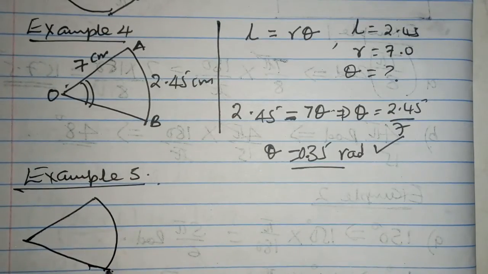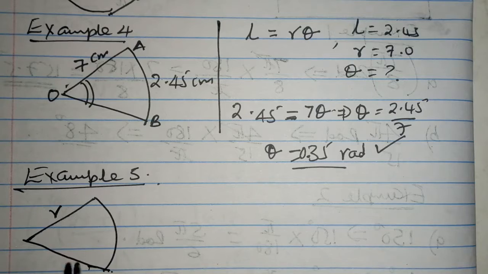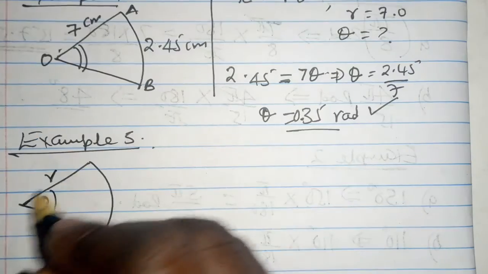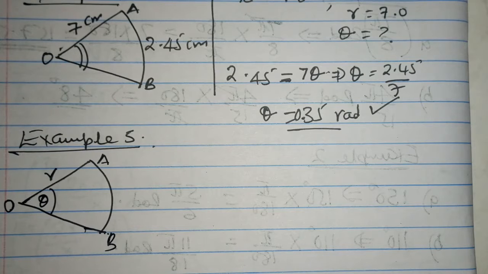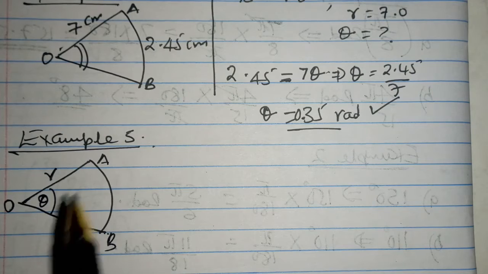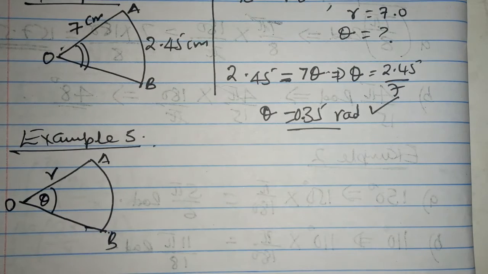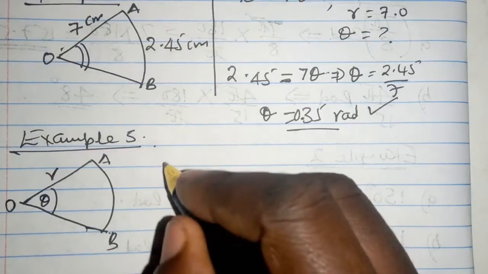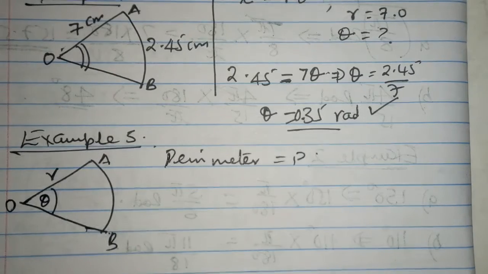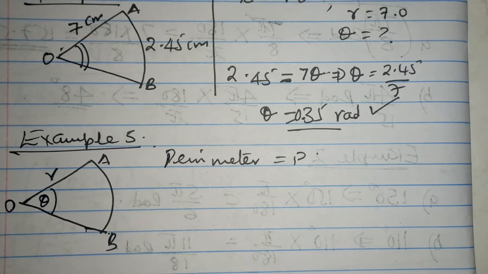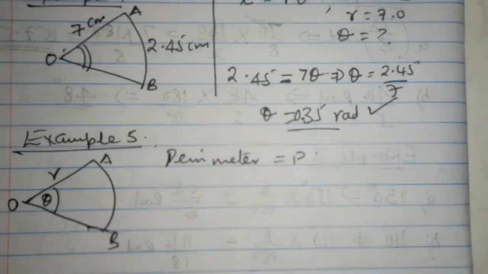The radius is not given, it's just R. The angle at the center is not given, it's just theta. The perimeter of the sector AOB is P. So express R in terms of P and theta.